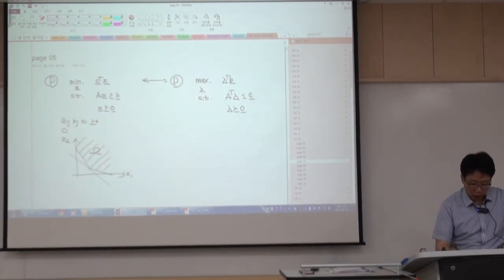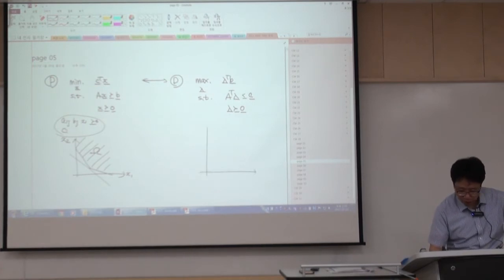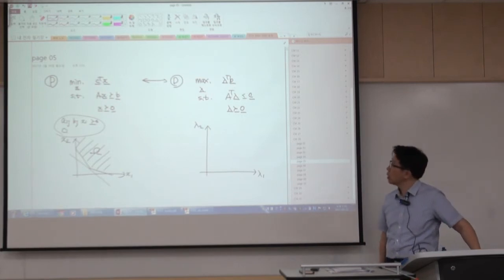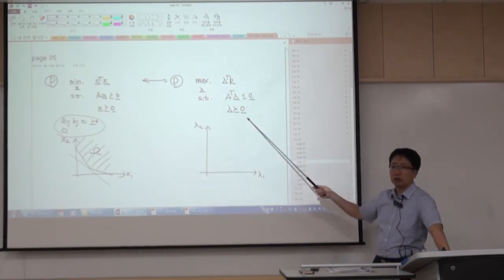Got it? Now, let's assume the same condition, so all parameters are real positive. Then what happens? Here is the lambda 1 axis and here is the lambda 2 axis. Your lambda resides in the first quadrant.